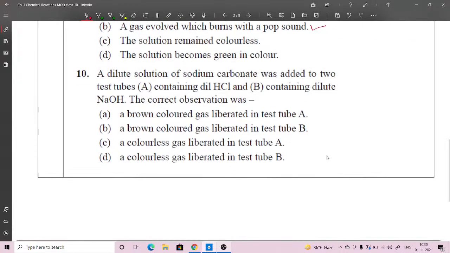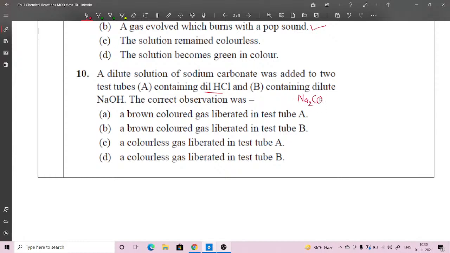Let us move on to question number 10. A dilute solution of sodium carbonate was added to test tube A containing HCl and B containing NaOH. Let us write the reactions and then you will understand which option will be correct.